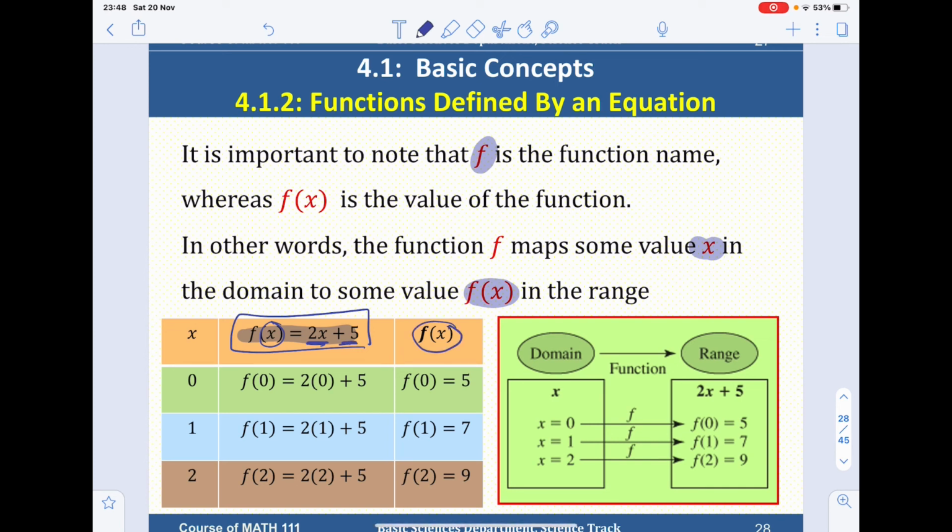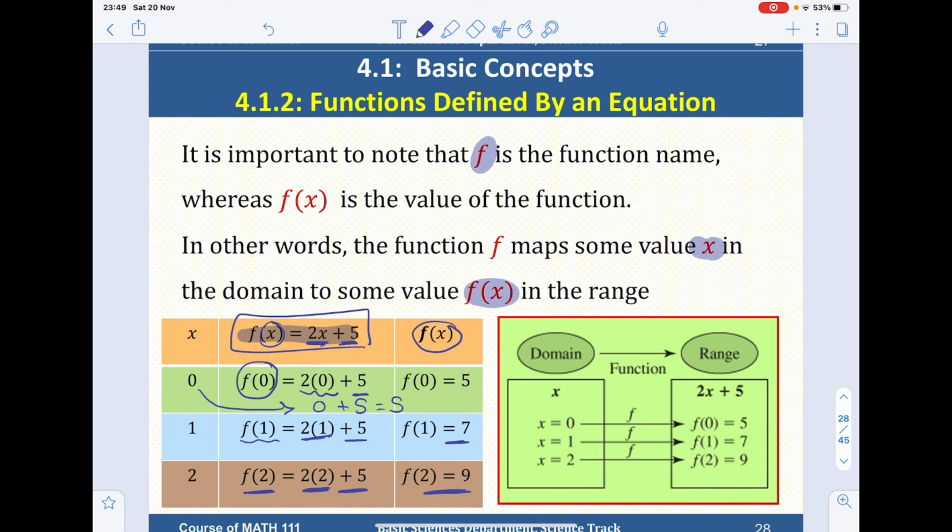For example, if we want to find f of 0, we have to times 0 by 2, then add 5. So this would be 0 plus 5, which equals 5. So the image of 0 is 5. The same thing with f of 1: we take 1, times it by 2, then add 5, and we get 7. For f of 2, we take the 2, times it by 2, then add 5, so we get 9.